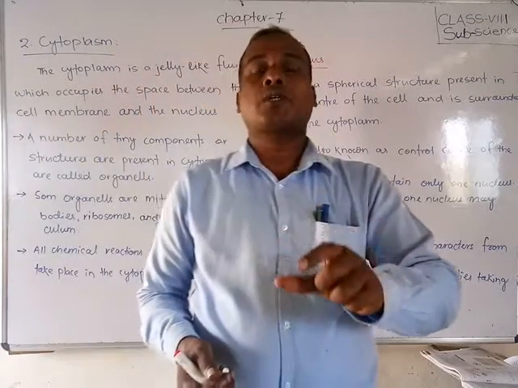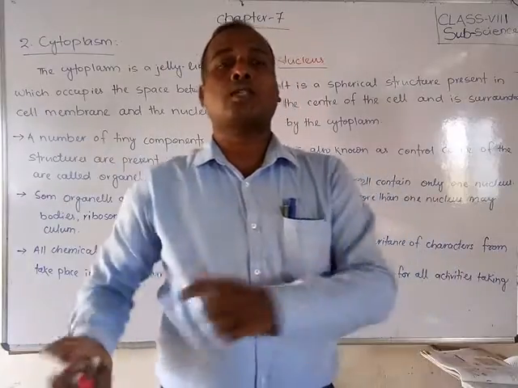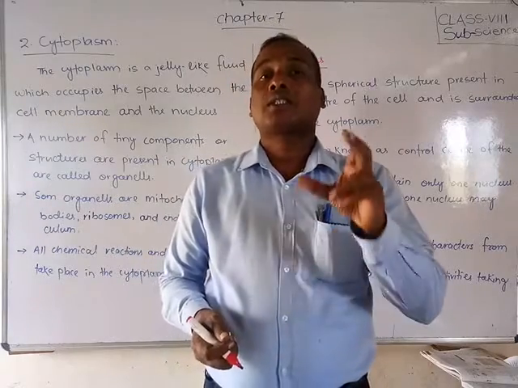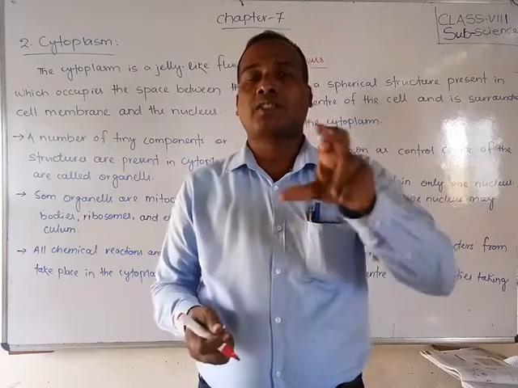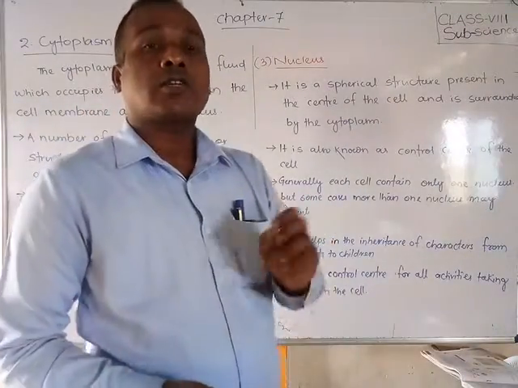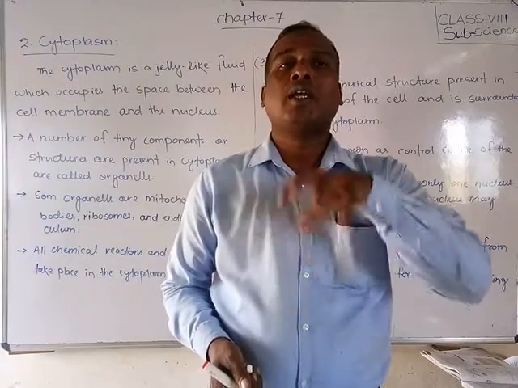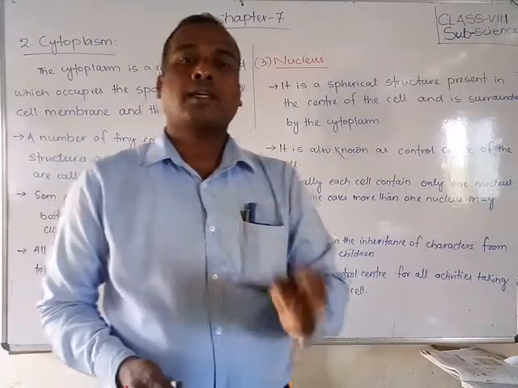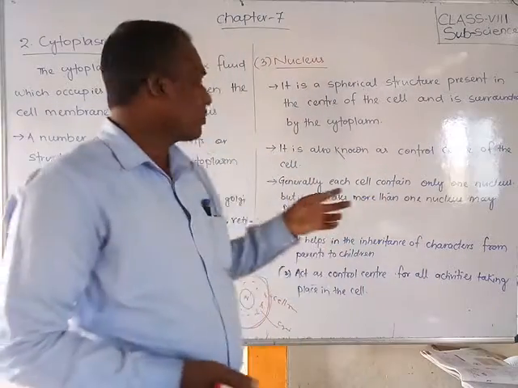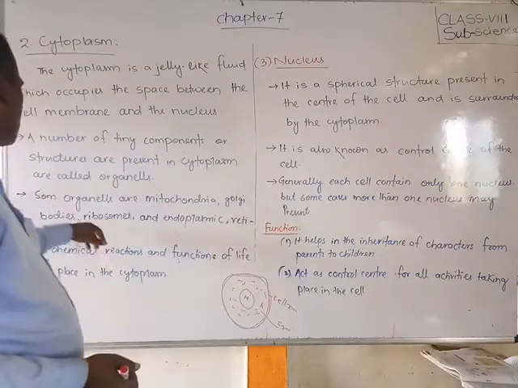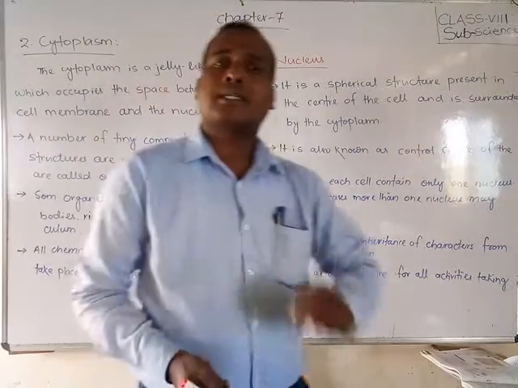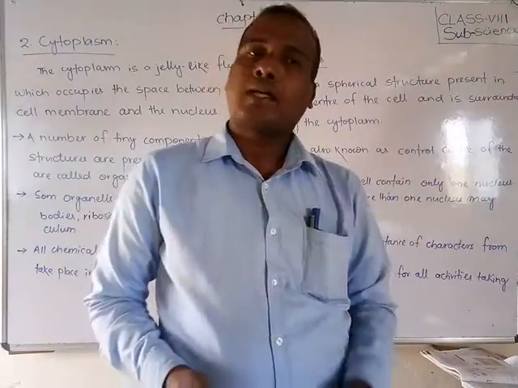That space contains a jelly fluid, which holds Golgi bodies, mitochondria, ribosomes, and endoplasmic reticulum. These are called organelles, which are present in the cytoplasm of the cell.